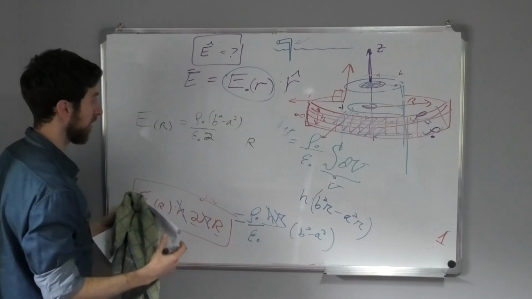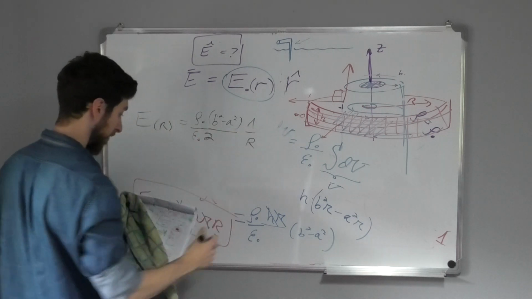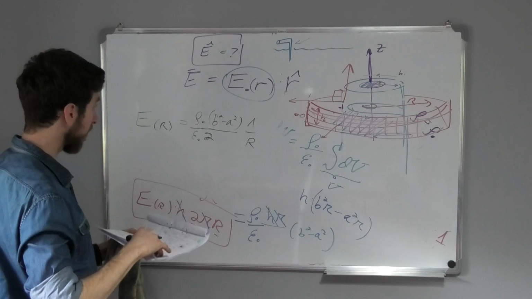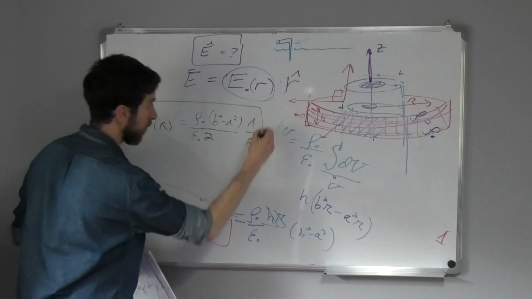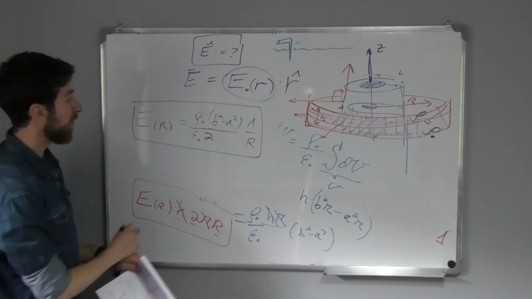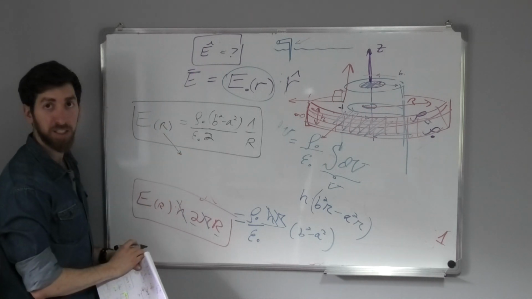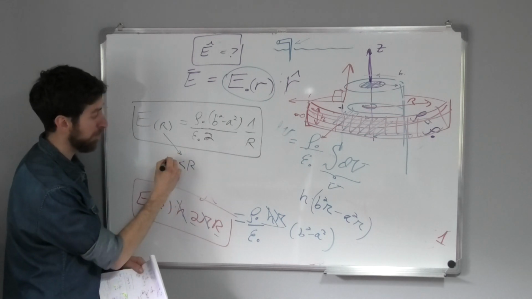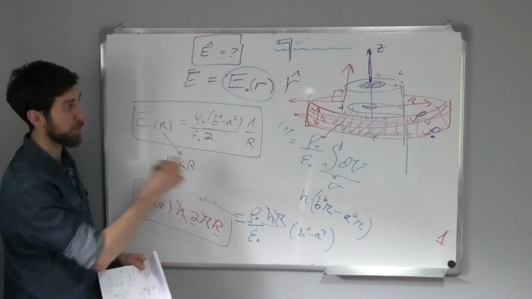Let's just check that this is correct. Yes, so perfect, this is the answer. So this is the electric field. For which distances does this hold? This holds for r bigger than b, right? This is what we chose.